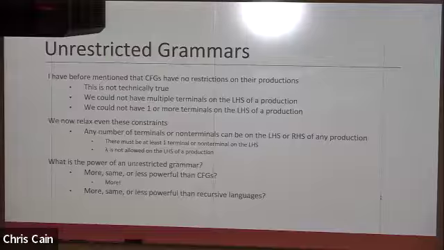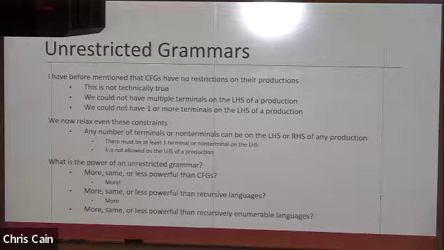The correct answer was more powerful than recursive languages. It turns out that we can write a grammar for languages that can be accepted but not rejected. So it is more powerful than that. Recursively enumerable languages, this is where we stop.